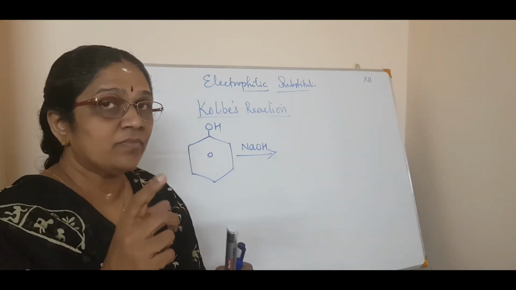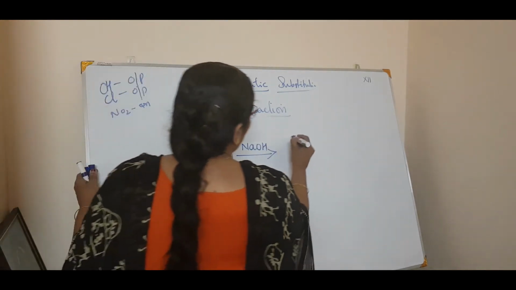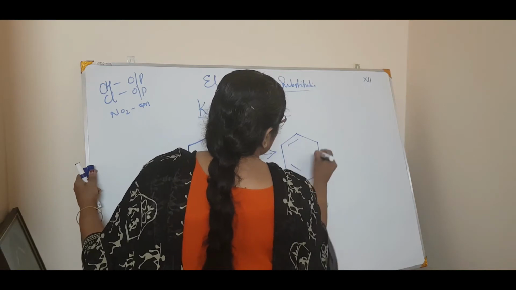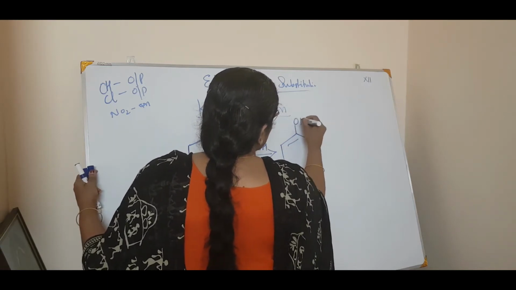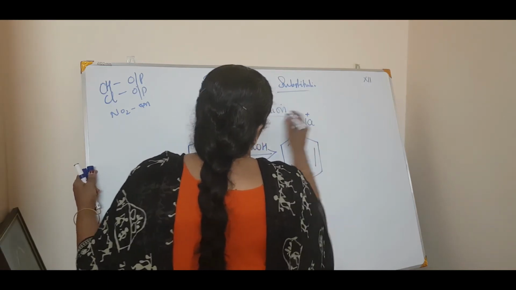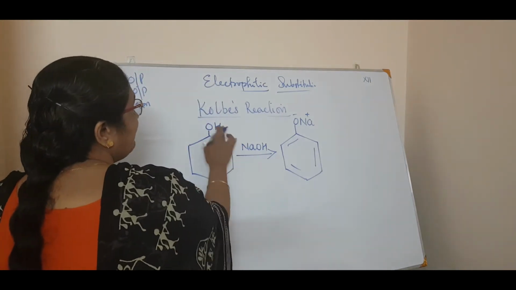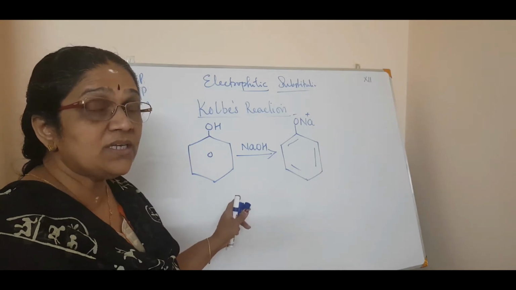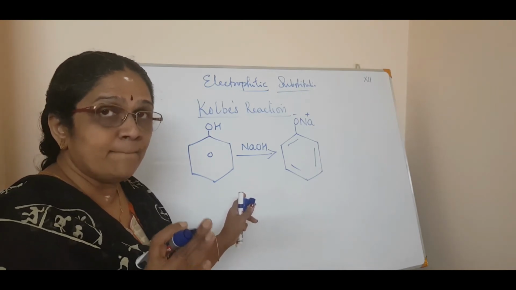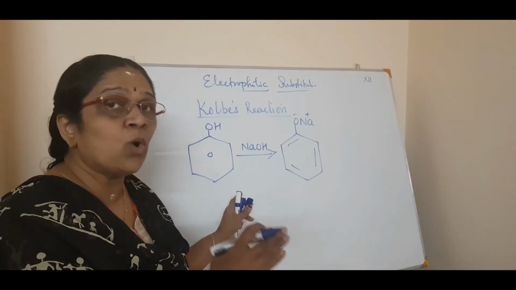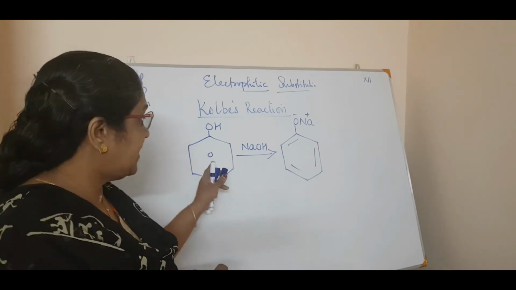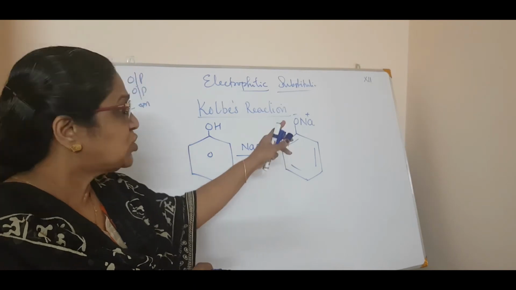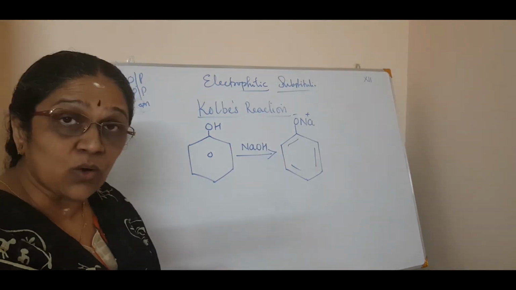First it will form sodium phenoxide. ഇല്ലേ? ഓർക്കുന്നുണ്ടോ? Which means the acidic, it proves the acidic nature of this phenol. H മാറി Na വരും, which means that the phenol is more acidic. നമ്മൾ പഠിച്ചു. Phenol is more acidic than alcohols or water. ശരിയല്ലേ? We studied that because of the stability of the phenoxide ion. So first it forms sodium phenoxide.